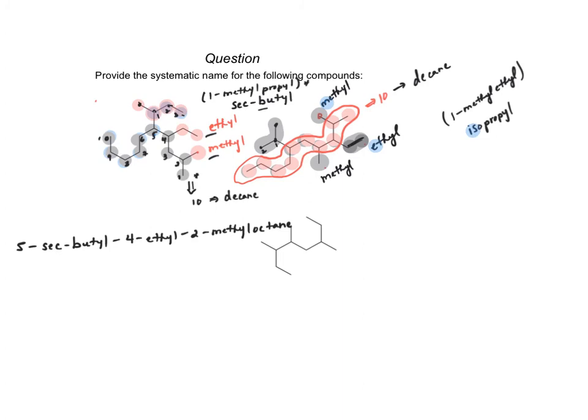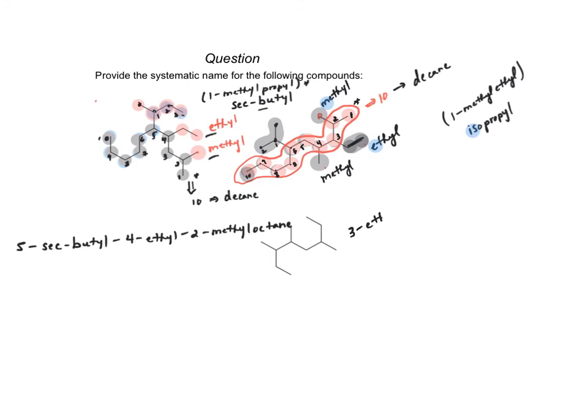Oh yeah, we forgot to number. My bad. So if I started down here, I would end up with 1, 2, 3, 4, 5. It would be 5 before I came to my first substituent. Whereas if I started up here, 1, 2, we'd get 2. So the correct numbering is up here, 1, 2, 3, 4, 5, 6, 7, 8, 9, 10. So now we're ready to assemble.